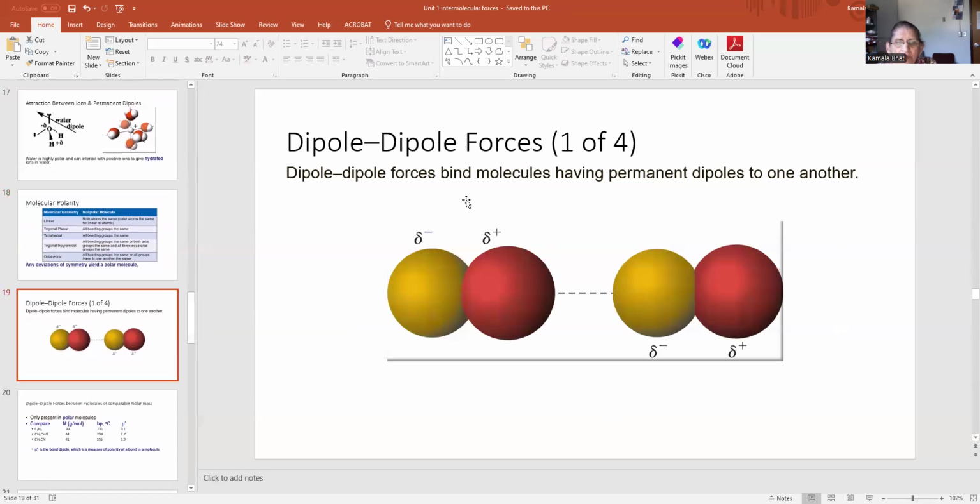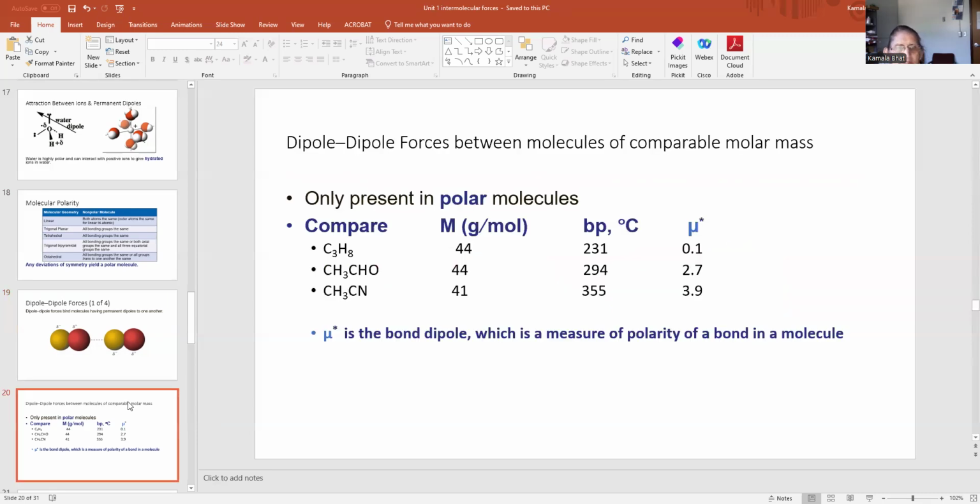So dipole forces bind molecules having permanent dipoles to one another. You can see that the positive end of one molecule attracts the negative end of the other molecule. And so we can see dipole forces.